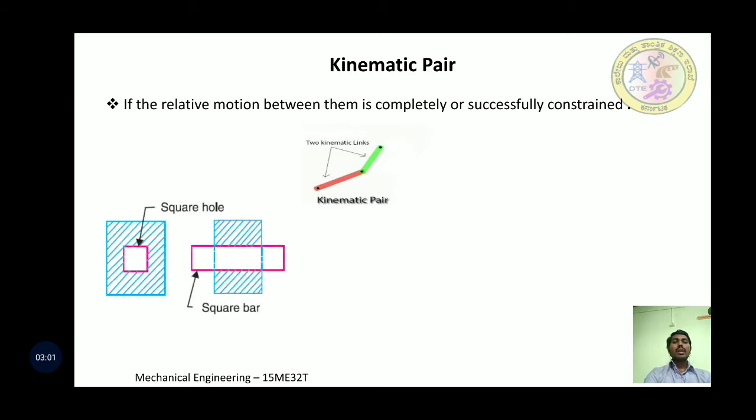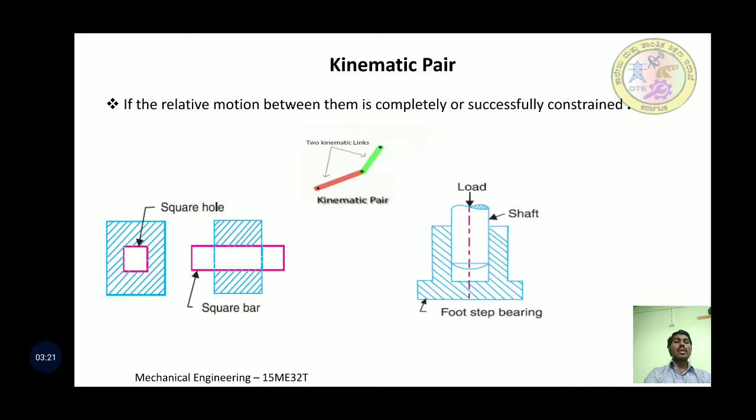Consider a model which has a square hole. To that square hole a square bar is inserted. It can only slide, so only one kind of motion is possible. That's why it is completely constrained. In the second diagram, consider a footstep bearing.